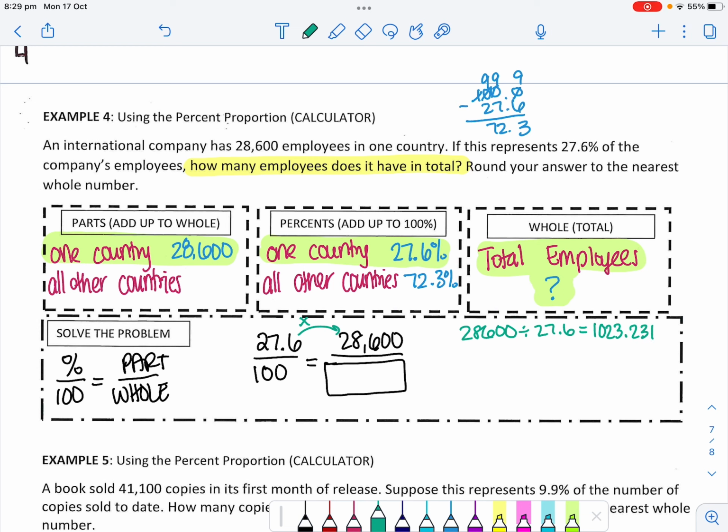1,036.231. Now what I'm going to talk about right now is how we get this rounded to the nearest whole number. Now when I do this multiplication down here and I multiply by 100, I have to remember that it moves the decimal place 2 times. So when I want this to be rounded to the nearest whole number, I only want to go to 2 decimal places.